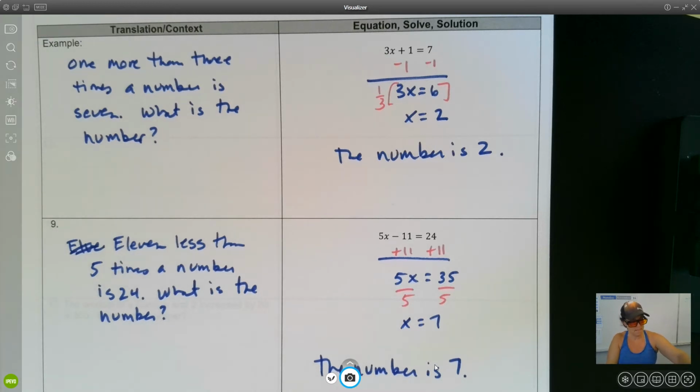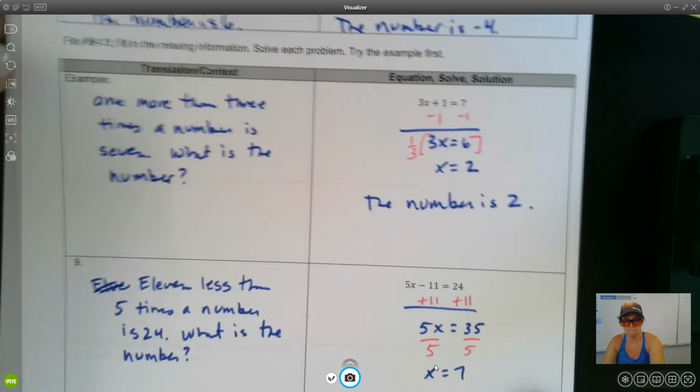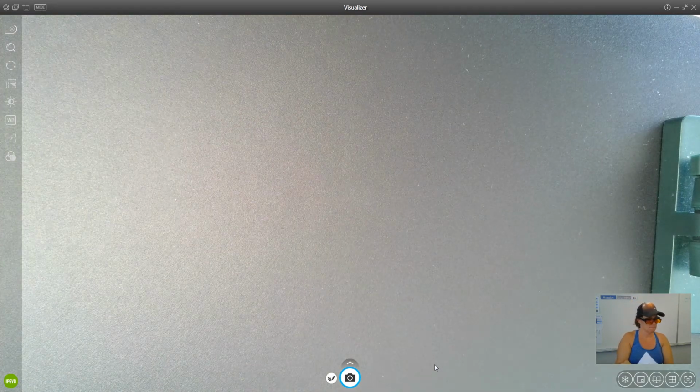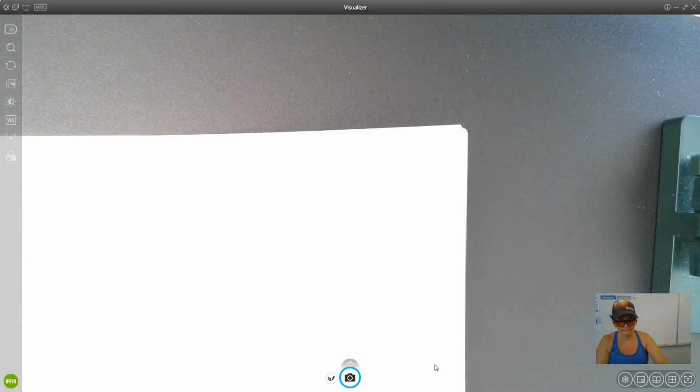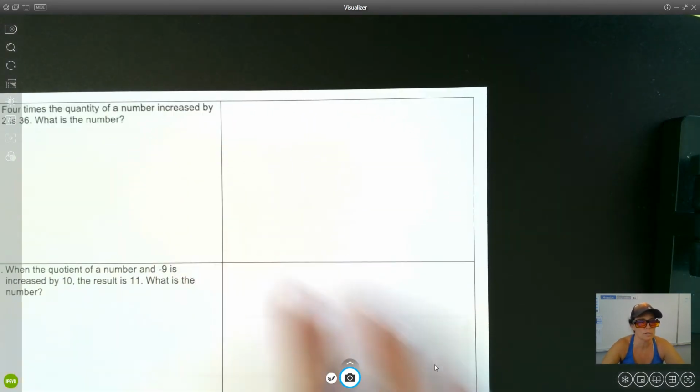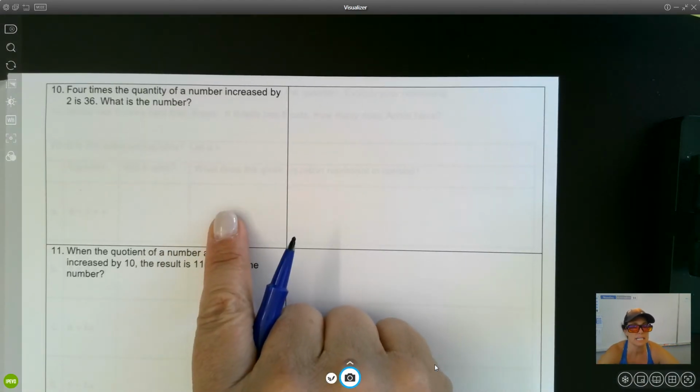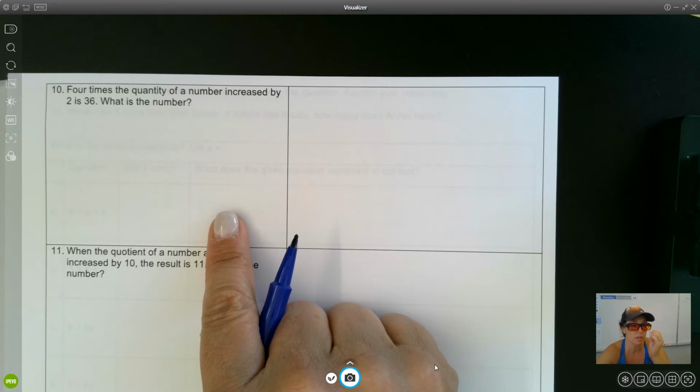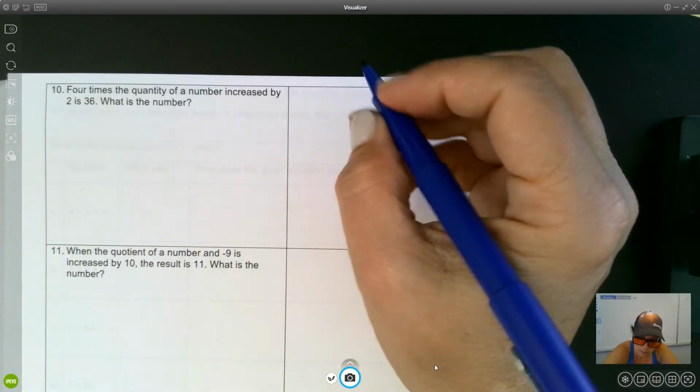Okay, next one. This time we're given the words 4 times the quantity of a number increased by 2 is 36. What is the number?